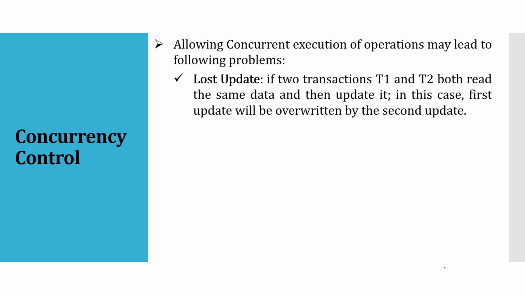So let us say T1 and T2 both have read some data item, let us say 500 rupees. Now T1 is adding 50 rupees to it and T2 is subtracting 100 rupees from it. So there are two different transactions. This is T1, let us say, and this is T2. Initially both of them have read this particular data item, 500.